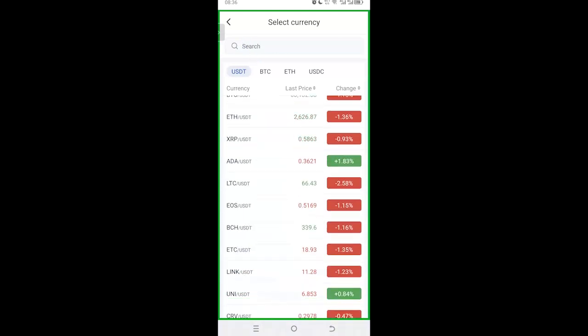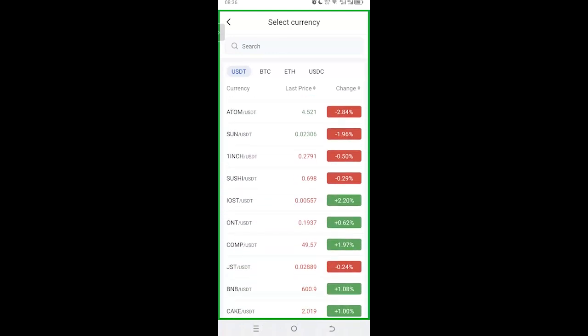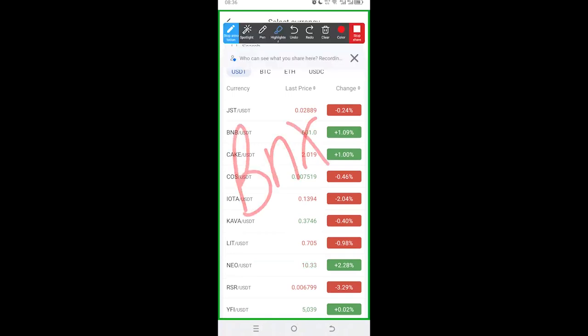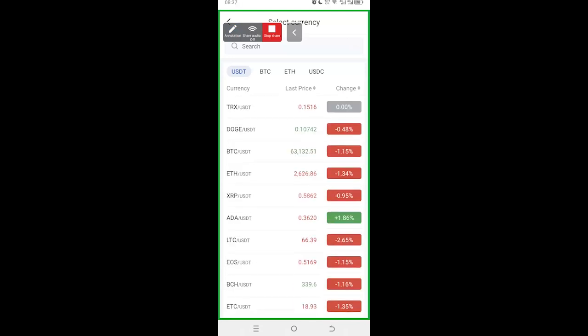So there are many coins that are here. This coin also works for me, BNX. Those are the coins I trade.